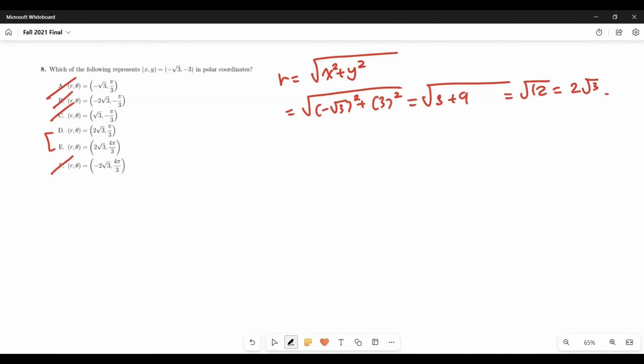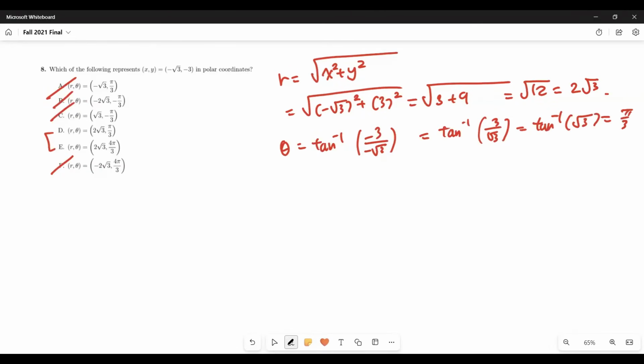And then our theta value is tangent inverse of y over x, so negative 3 over negative square root of 3. So it's the same as tangent inverse of 3 over square root of 3, which is the same as tangent inverse of just square root of 3, which is pi over 3. Which is why some people might have just chosen pi over 3.